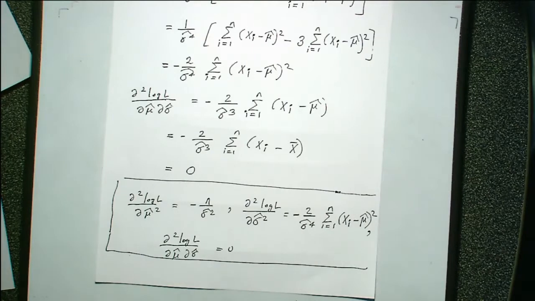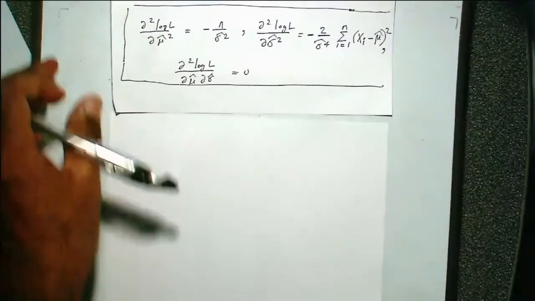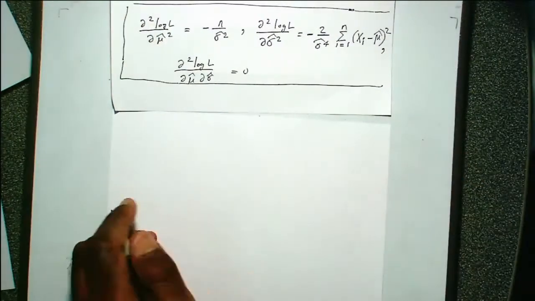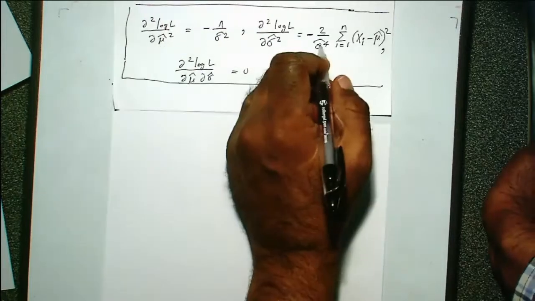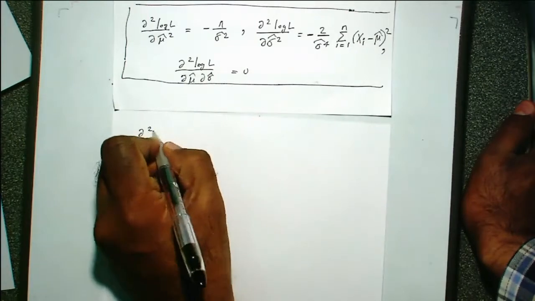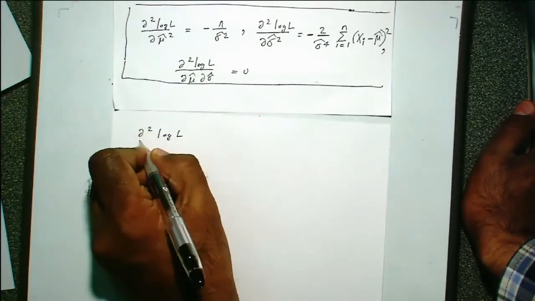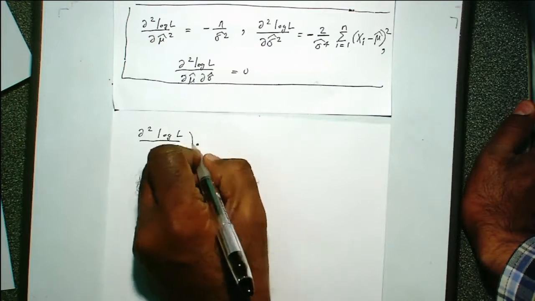So what remains to show is to check the condition. Remember, the condition is that this times this minus this must be positive.